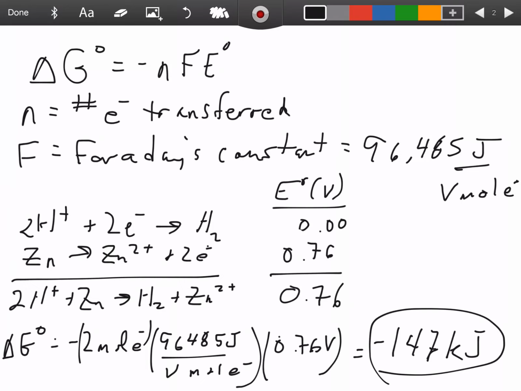They're a little bit different. Again, it's because of the approximation here of the potential of just being 0.76 volts. That should have been 2 sig figs, so instead of negative 147, it should probably be negative 150 kilojoules, and negative 150 kilojoules is equal to negative 153.9 if you cut it down to 2 significant figures. So delta G, again, is a state function, as we've said before.